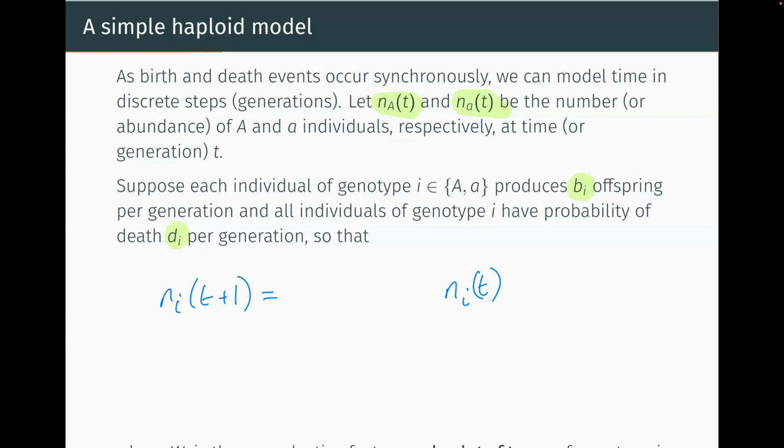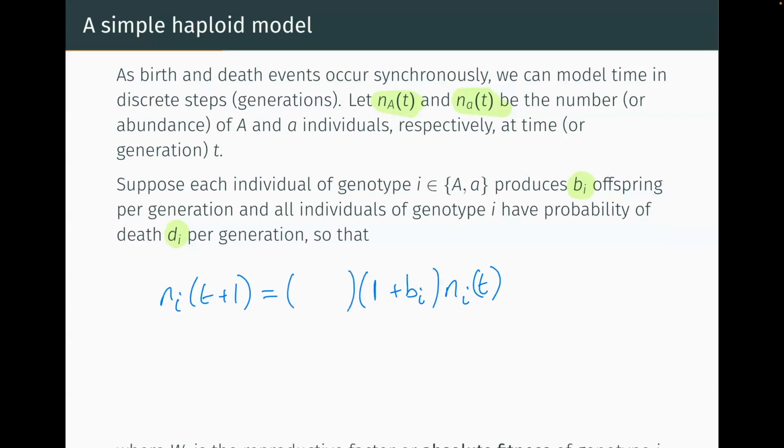We're going to have births. So we're told that each individual produces B sub I offspring per generation. So we're going to start off with what we had before, 1, and then we're going to add B sub I individuals. And then we're also going to have deaths as well.